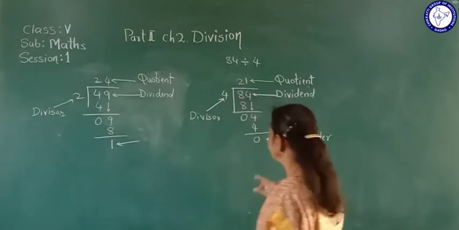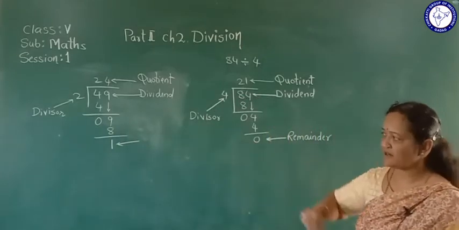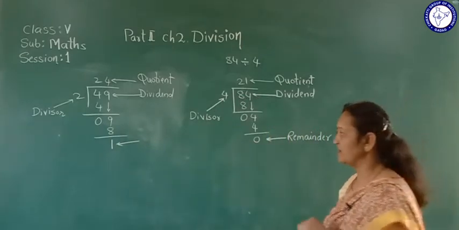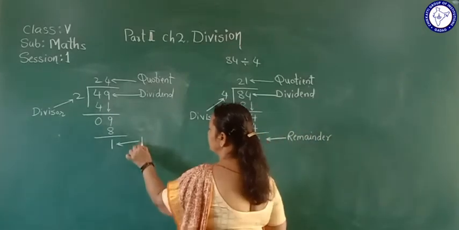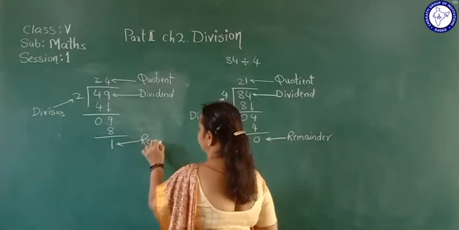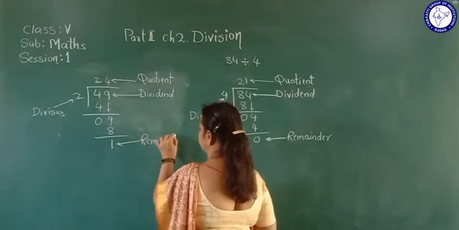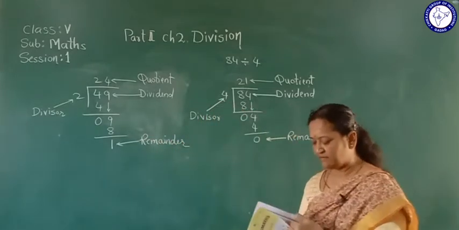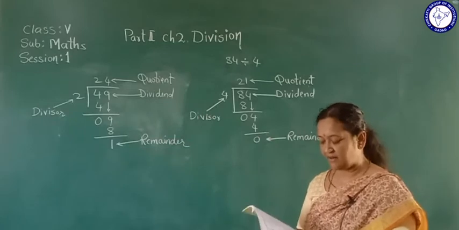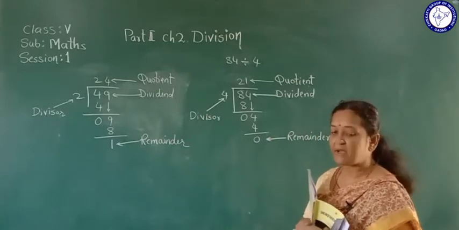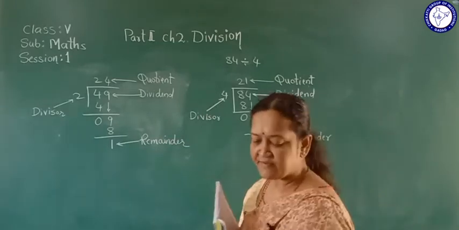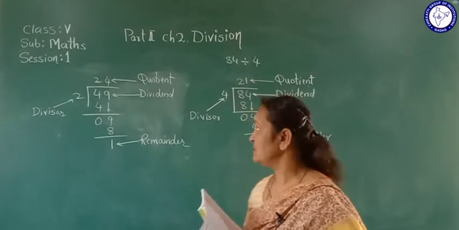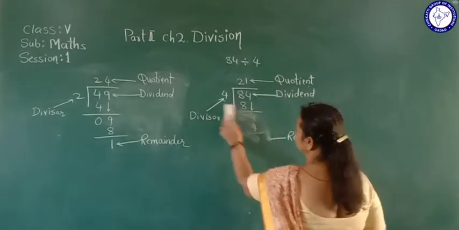Check, in the last sum it was 0, and here after division we are getting 1, and this we call the remainder. Okay, now let me learn still one example, and there we'll find some other results. Here we learned how to divide. Okay, now let me rub this.